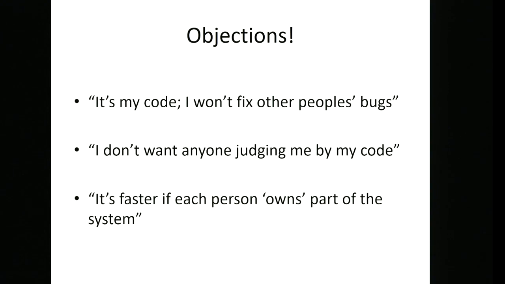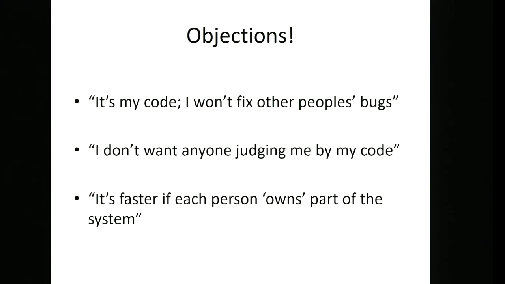It's faster if each person owns part of the system, possibly in isolated incidents. But we have to remember the bus factor rule. It's worth putting in a bit of effort and costing yourself maybe a bit of time with people working on different bits of the code together, so that we're keeping the bus factor high.